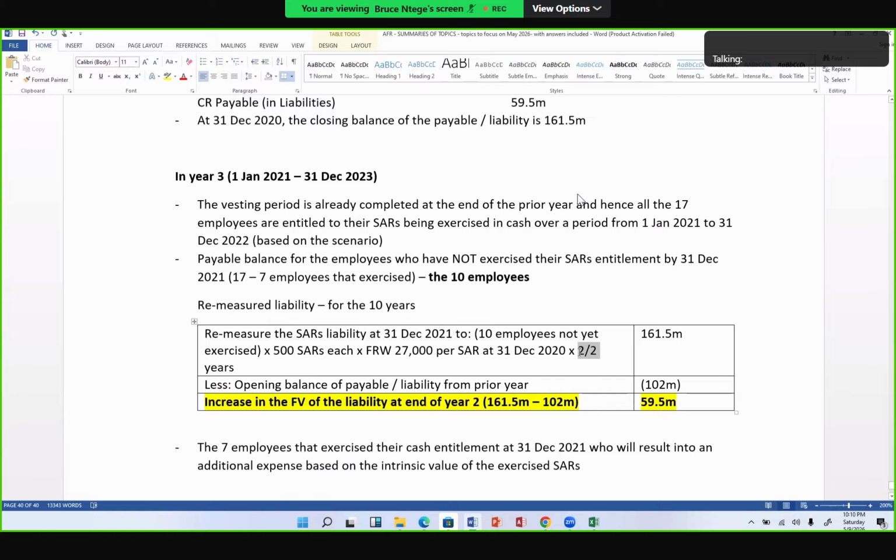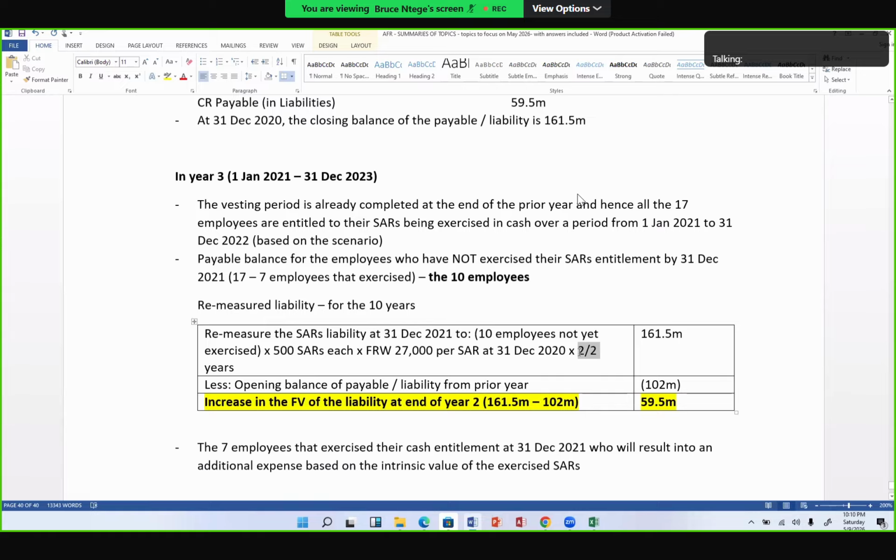And the decrease in liability at the end of year 3 is the mathematical difference between the 135, I can just put here, 161.5 minus 135. The liability has decreased by 26.5. 26.5 is the liability decrease.